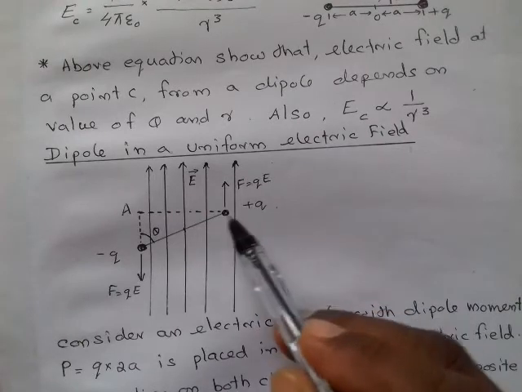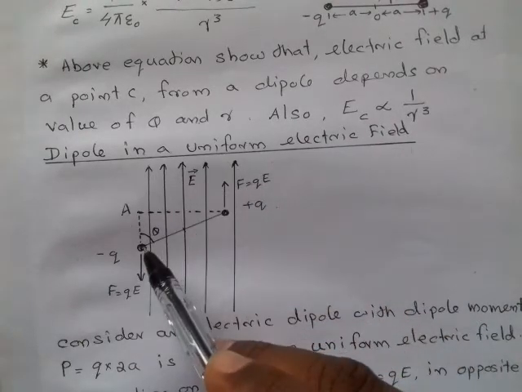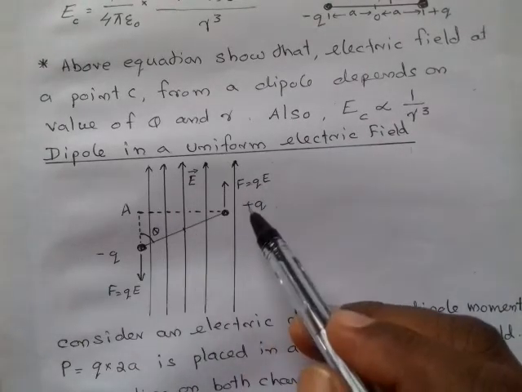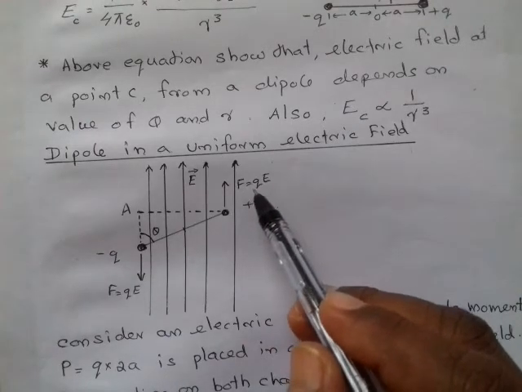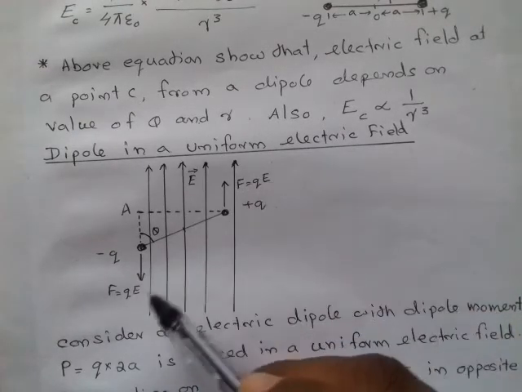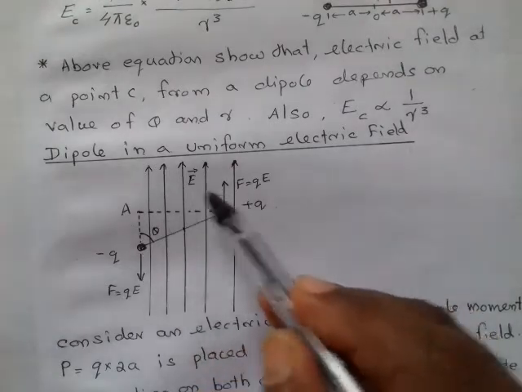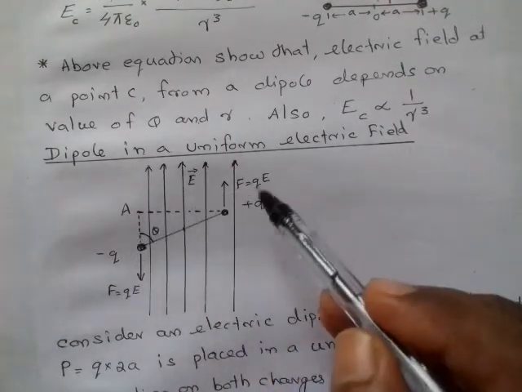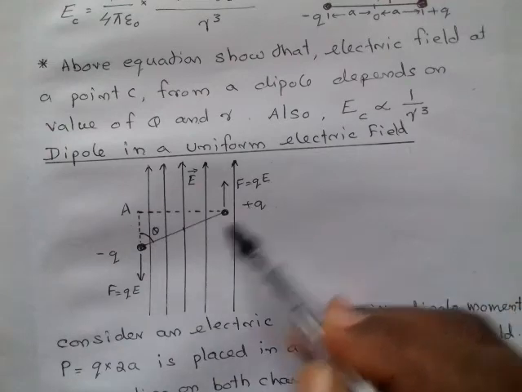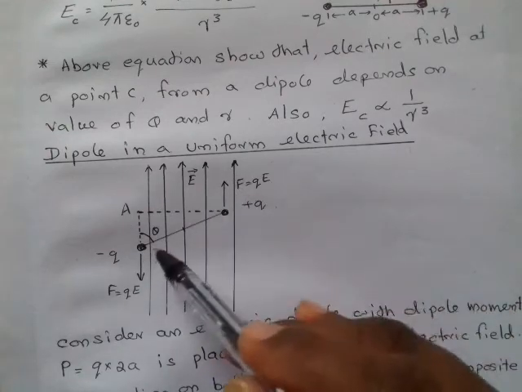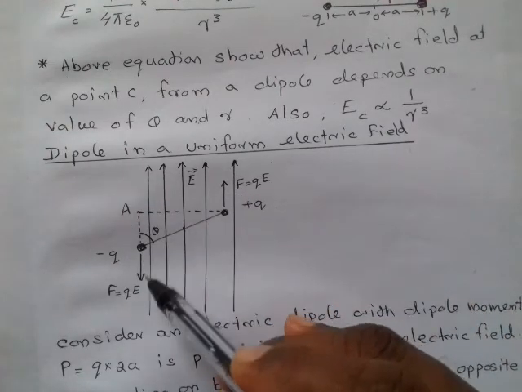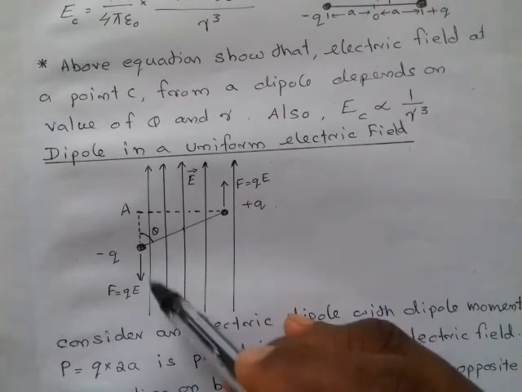So for the positive charge there is an upward force, for the negative charge there is a downward force, and the equation for force is Q into E. Here also it is Q into E, because it is a uniform electric field, so E is the same and charge value is the same. So both these forces are equal in magnitude but opposite in direction.